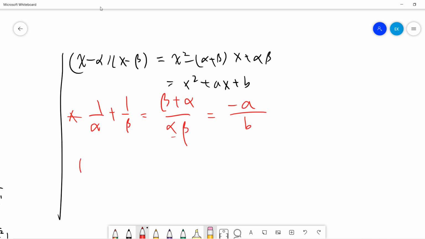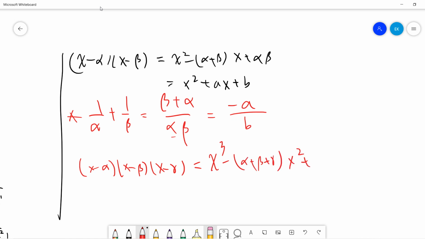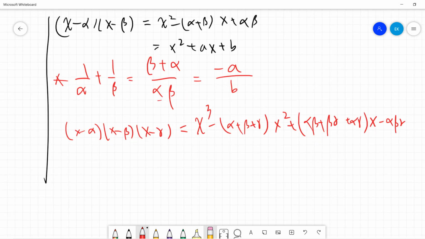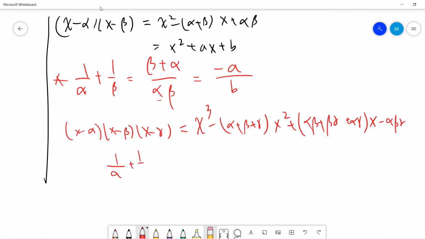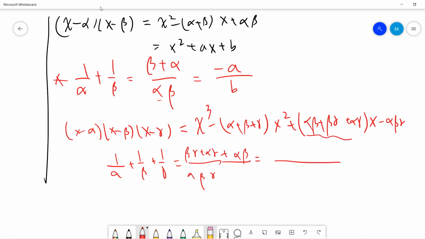Now let's talk about the cubic one. Everybody knows about the cubic, right? You just multiply it out, and you get the coefficient alpha plus beta plus gamma, then beta gamma plus alpha gamma plus alpha beta, and minus alpha beta gamma. So if you add the pairwise products, you get exactly this.